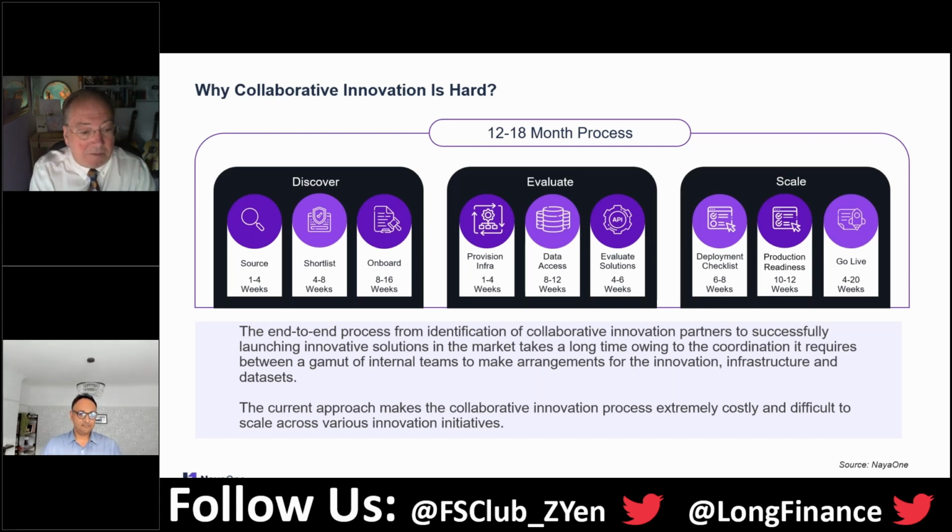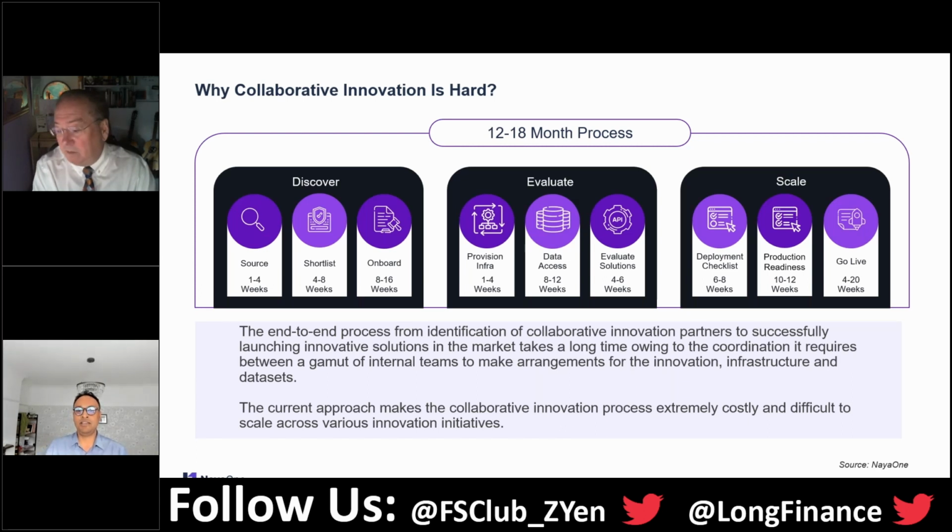And again, slides are available, but if you think about it, it can take up to 12 to 18, and people say they've got faster, so I'll say, okay, it can take up to 6 to 18 months for you to get access to a third-party provider before you know that third-party provider is suitable for your business need.